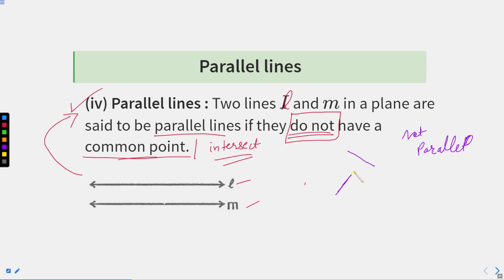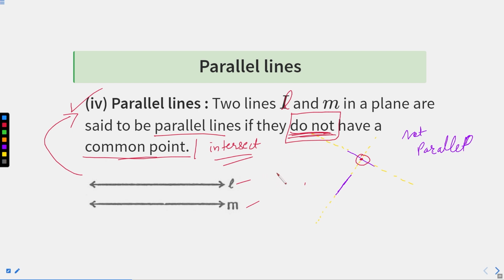Let me extend. Because lines never stop extending, I can extend this line here, this line here. If you see, this is the region of the common point, the intersection point. So we have an intersection or a common point. Then from the definition of parallel, they are not parallel, because parallel lines do not have common points.